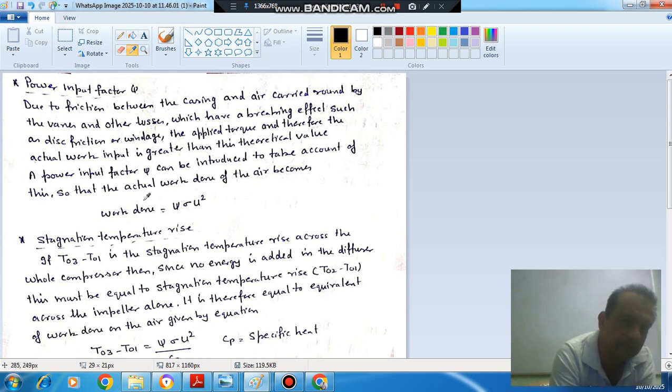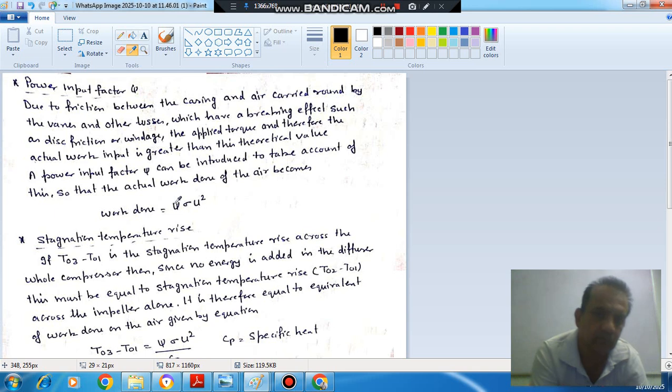So the power input factor is given by this symbol, and as it increases the work done required, if you multiply it with the theoretical work done, then this will be your actual work done, and this power input factor will be more than 1. Because actual work required is more as compared to theoretical work.